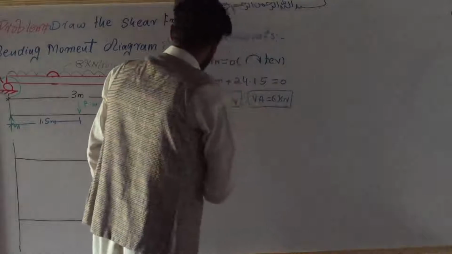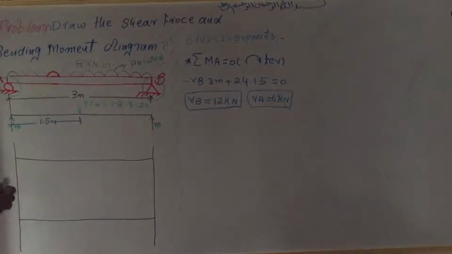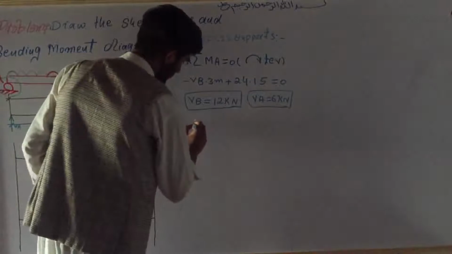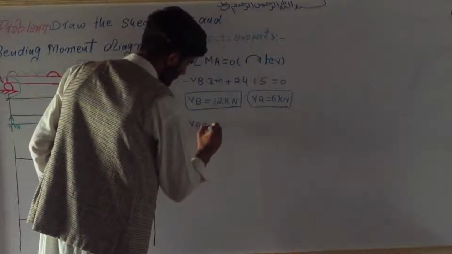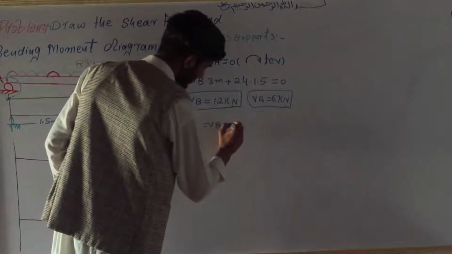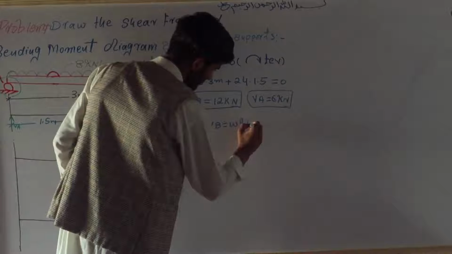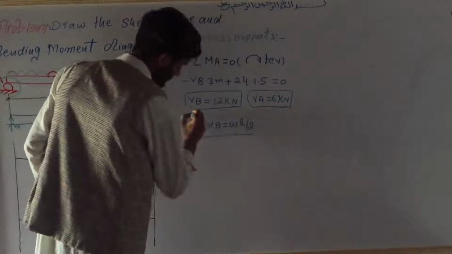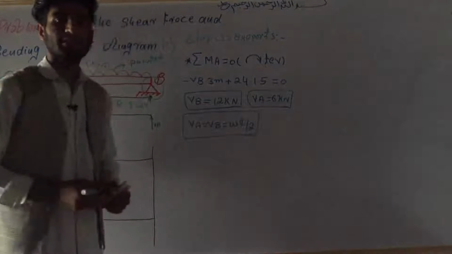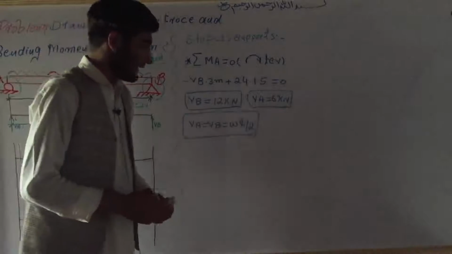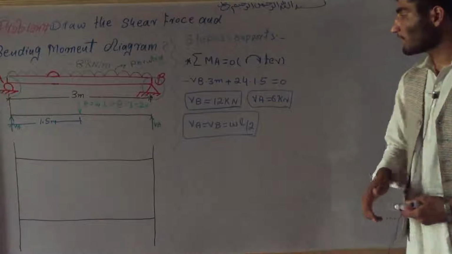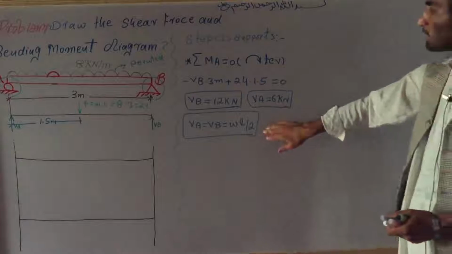Okay dears, we also have a short formula for this: VA and VB are both equal to WL divided by 2. From this formula we can find these two reactions.